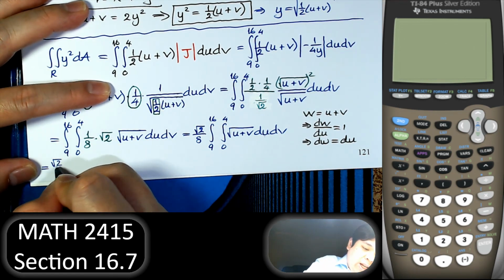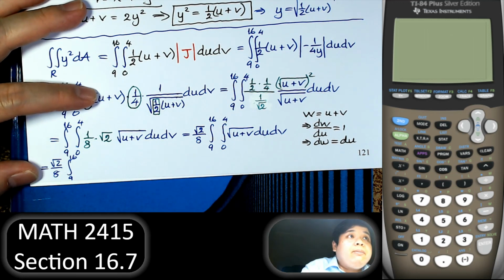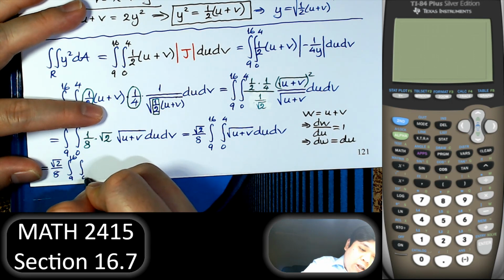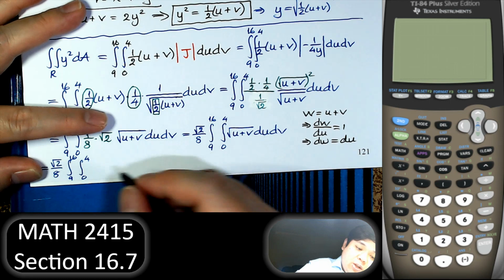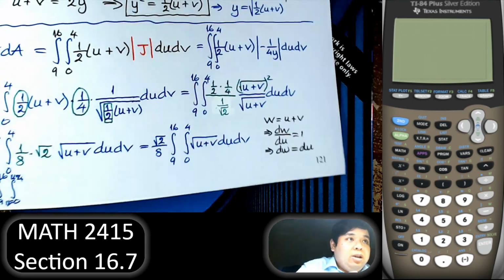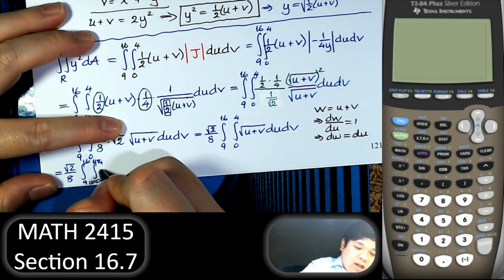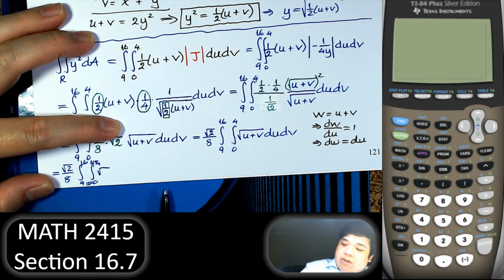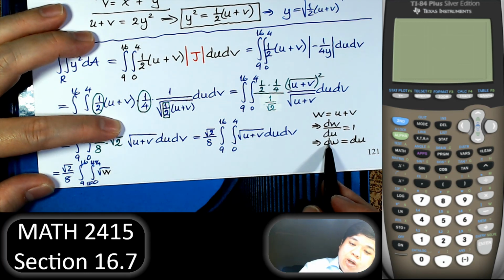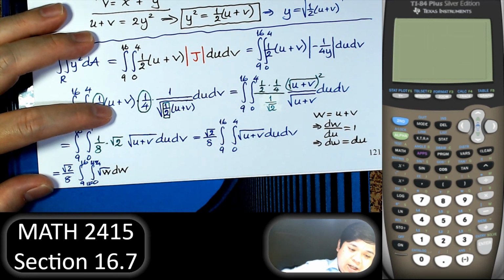Square root of 2 over 8, 9 to 16, 0 to 4. I do not change the limit here, so I would say u equal to 0 to u equal to 4 still. We don't change the limit yet. Square root of u plus v is square root of w. dw is equal to du. And then dv.